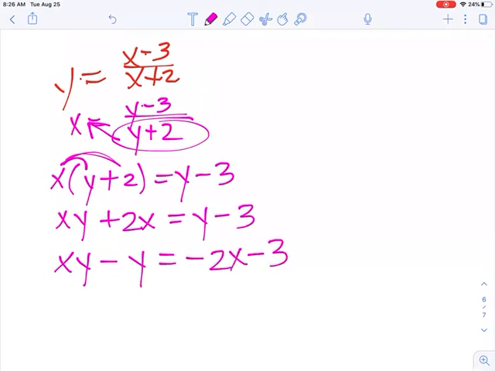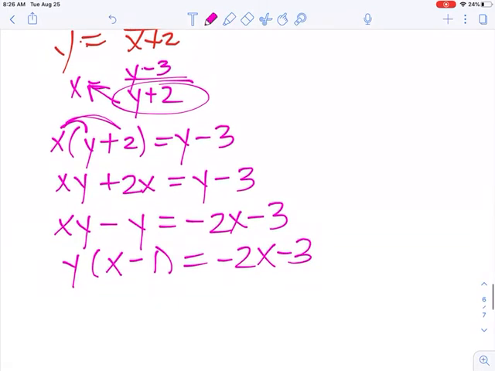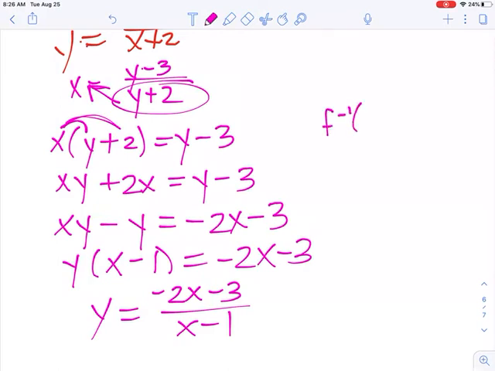So I'm going to keep xy here and subtract y over, which means I would be subtracting 2x over to be with the -3. Okay. Then I'm going to take this right here, and I'm going to factor out the y so that x minus 1 is left. Then we can divide the x minus 1 over.